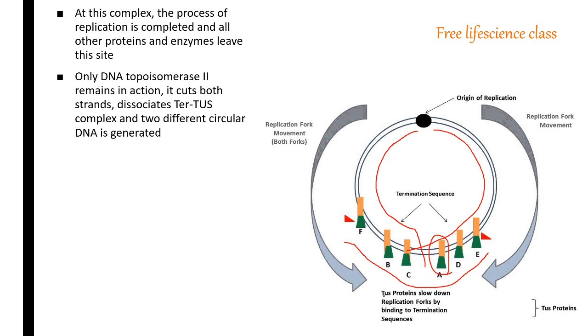And there is another protein called Tus, that is terminator utilizing substance. This Tus protein will bind to DnaB. DnaB is the helicase, and Tus inhibits the helicase activity so that DnaB is released from the DNA. And what happens? Termination results.